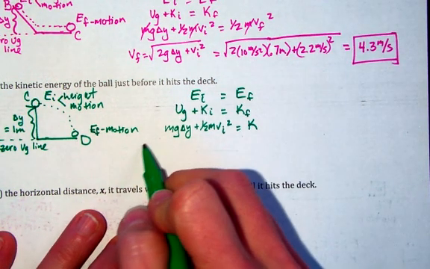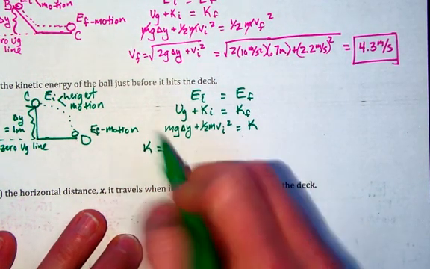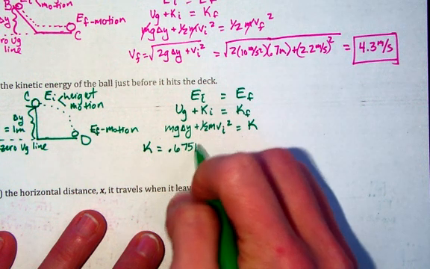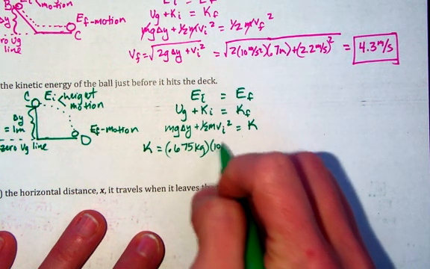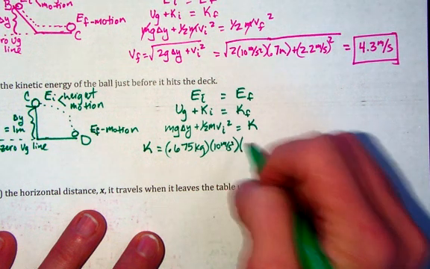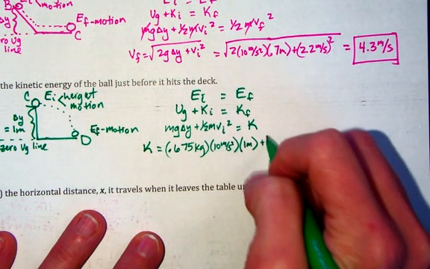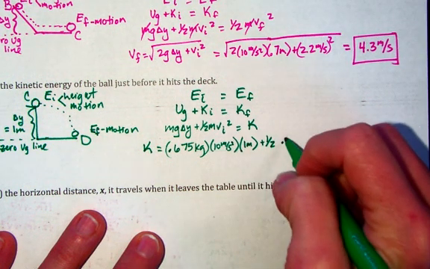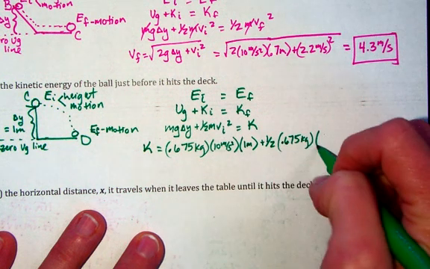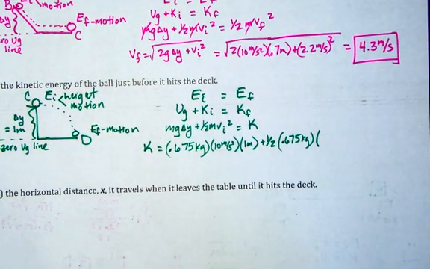So the kinetic energy equals mass of the ball was 0.675 kilograms. G is 10 meters per second squared. Delta Y was 1 meter plus 1/2 0.675 kilograms times the initial velocity. What is my initial velocity? 4.3.